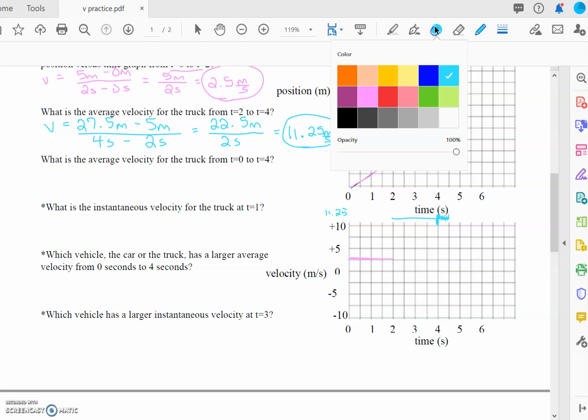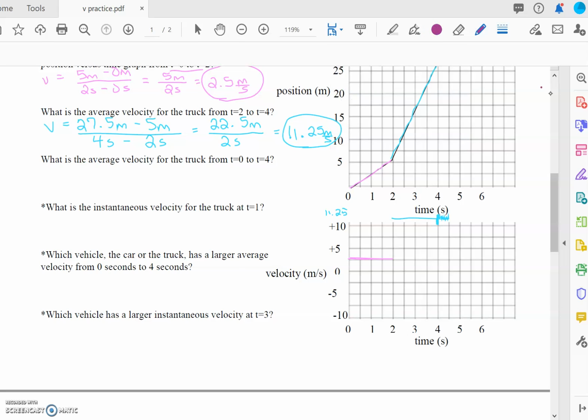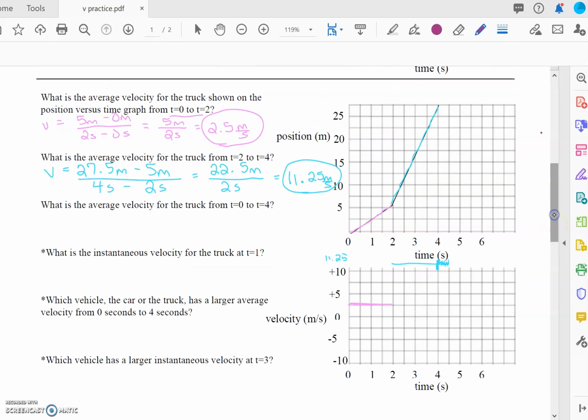All right, the next question is to calculate the average velocity of the truck from 0 to 4 seconds. That's the entire time period that we watch this object move. So I'm still doing slope. Look at the position at 4 seconds. At 4 seconds, the truck is located at 27.5 meters.